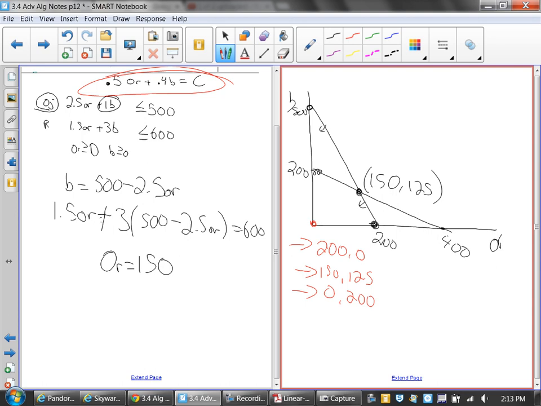Now, the canning problem. Be honest, did anybody get close? Look at the last one. I got 180x plus 15y equals... For number 23?